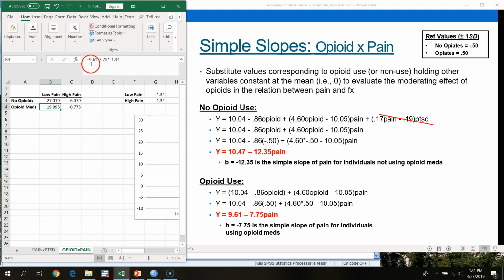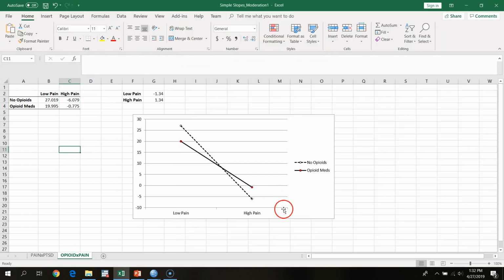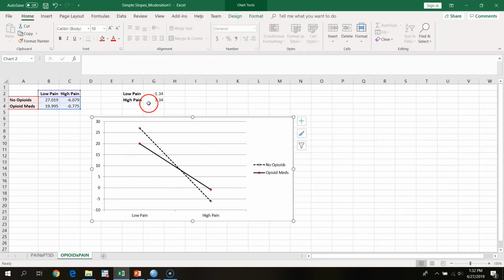Here we've got my equation. Plugging in low levels of pain gives me my expected value. Same equation, just plugging in high levels of pain, standard deviation above. And what that gives me here is a graph of my simple slope for the conditional effect of pain on role functioning for people who aren't using meds and for those people who are using meds.